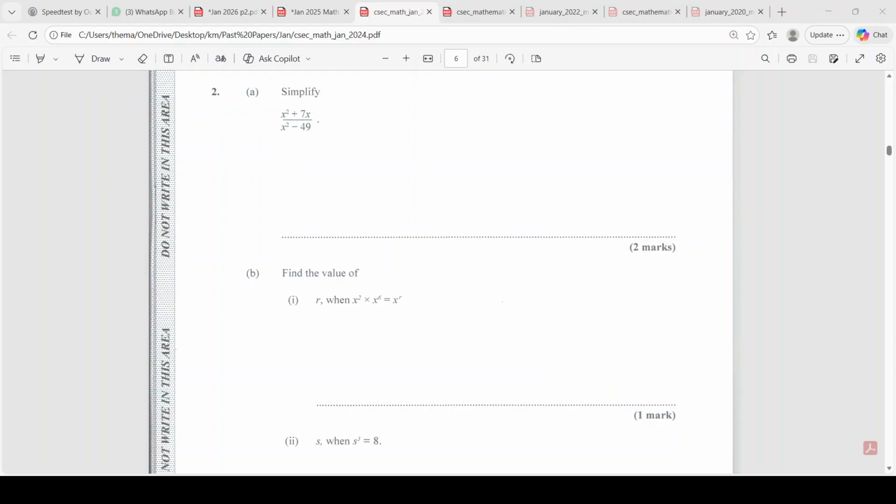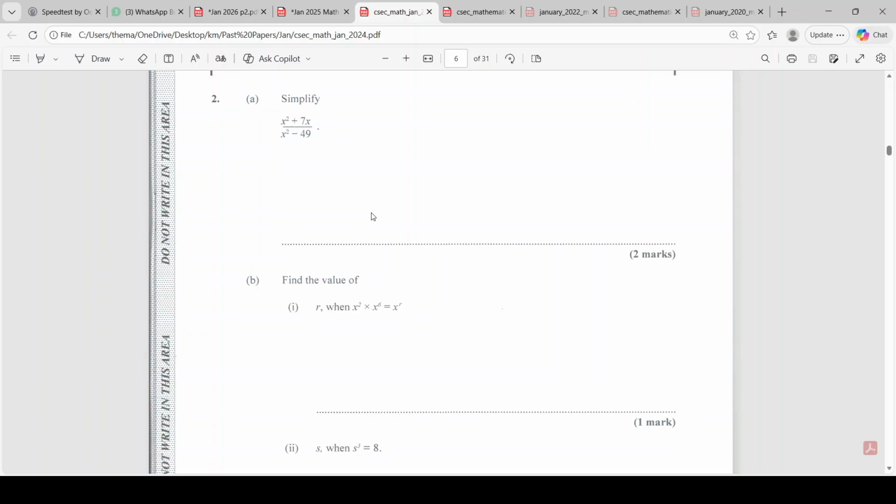Right, so the 10 minutes is up, wherever you reach. Let us see. This is January 2024, question 2. First thing we have to do is simplify. Just like the last question, to simplify we need to factorize the numerator and denominator and then see what could cancel off.